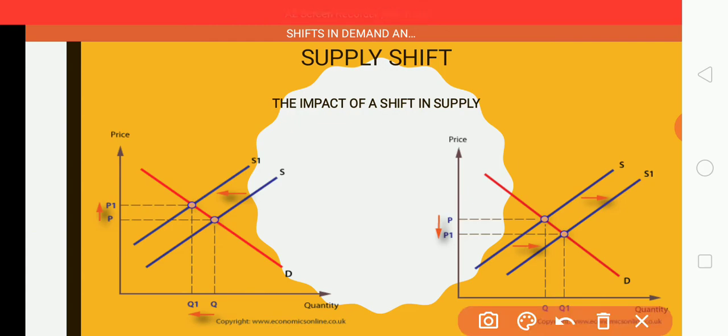So when the supply curve shifted leftward, it took a new equilibrium point.